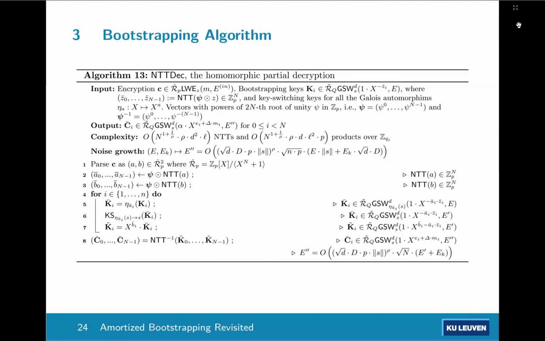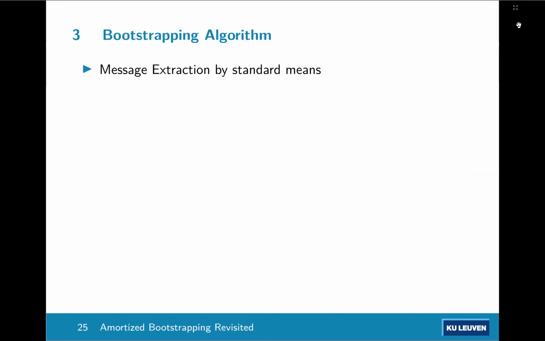Doing this for each of the ciphertexts, and then inverting the NTT, we actually obtain an output of new ciphertexts under the secret key, which are all LWE ciphertexts. This obtains, to our knowledge, the first and currently only implemented amortized bootstrapping protocol relying only on polynomial approximation factors.